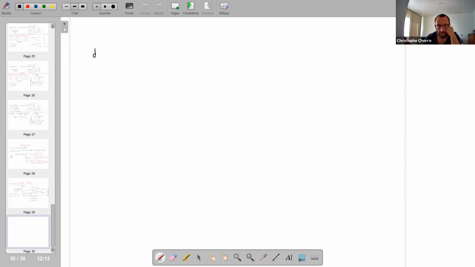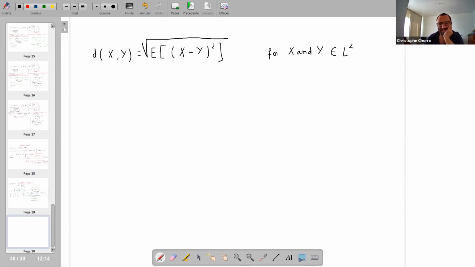In what we have done previously, I have often used this quantity here, for x and y belonging to L2. So I define D as this.